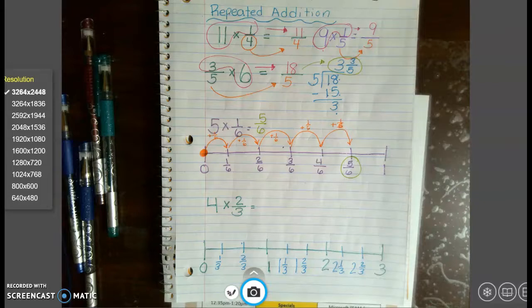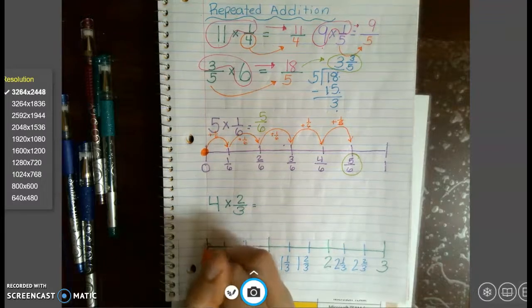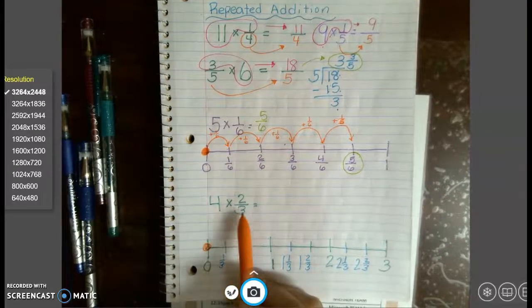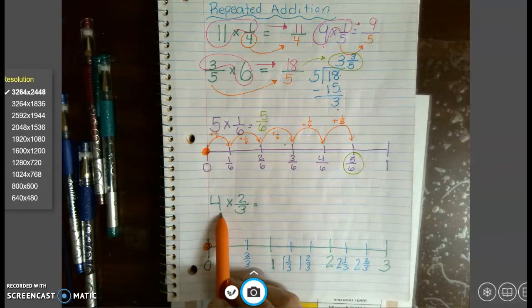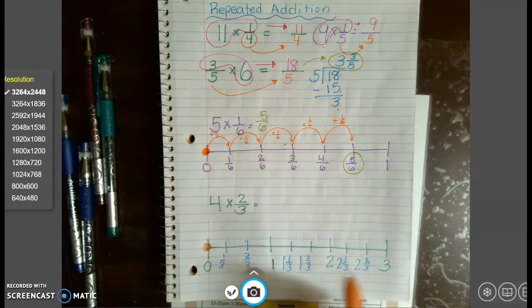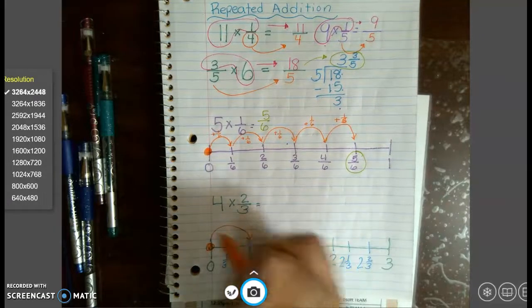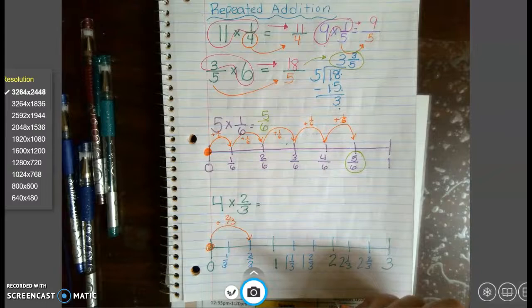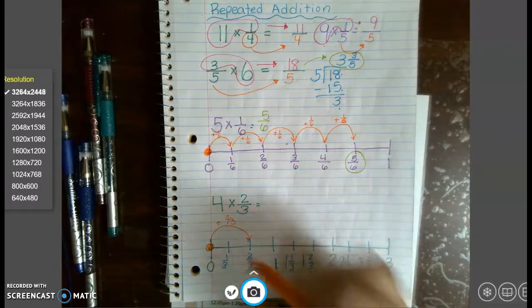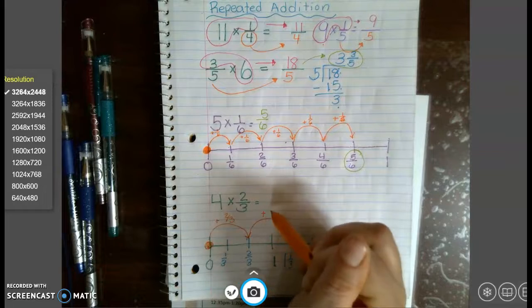Okay, I'm ready to hop on my number line now. I'm going to start at 0. And I am going to jump 2/3 places 4 times. Okay, we're making bigger hops this time. So I'm going to jump 2/3. 1, 2. I'm going to end up here. I'm going to jump 2/3.